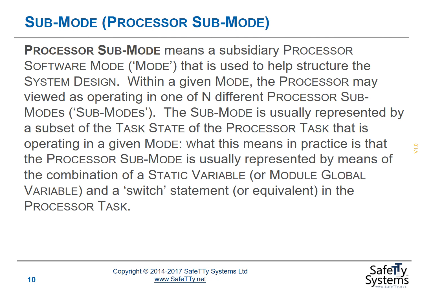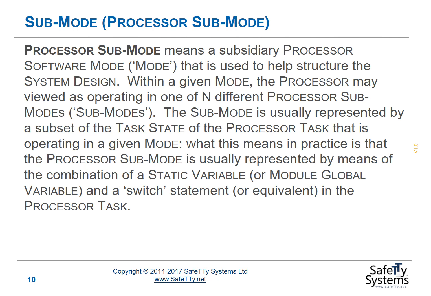The final key term that we need to understand here is submode. A submode means a subsidiary processor software mode, a subsidiary mode that is used to help structure the system design. Within a given mode, the processor may be viewed as operating in one of n different processor submodes.